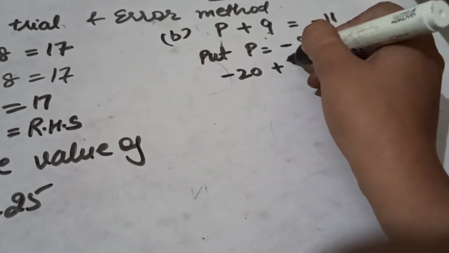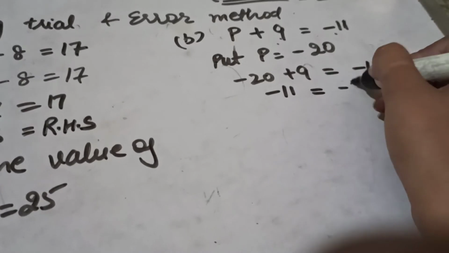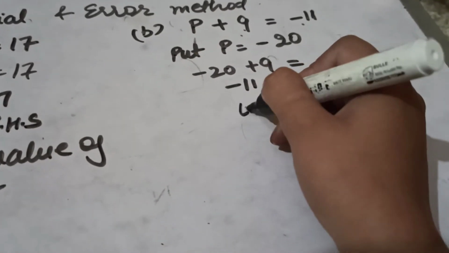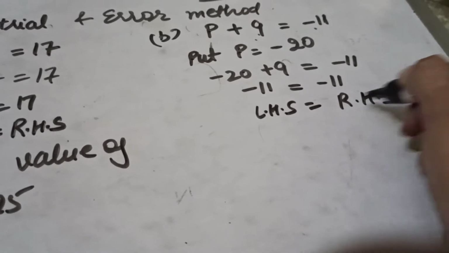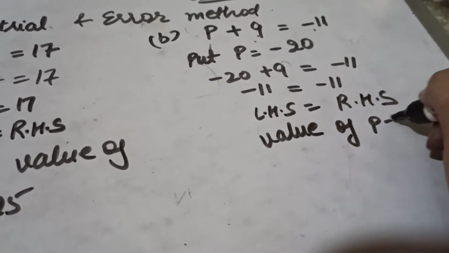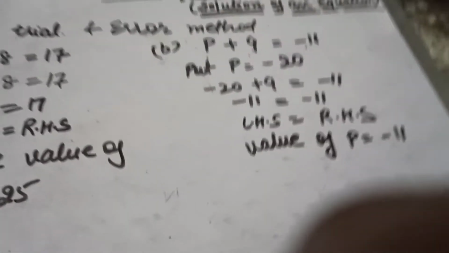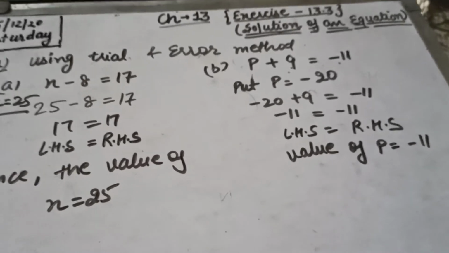Minus 20 plus 9 equals minus 11, and this is also equal to minus 11. So left hand side equals right hand side. Value of p equals minus 20. Clear this question? Very easy. You only have to write the solution, children, and nothing else.